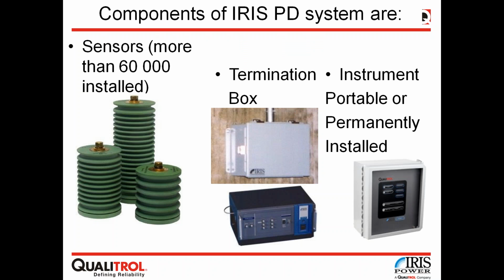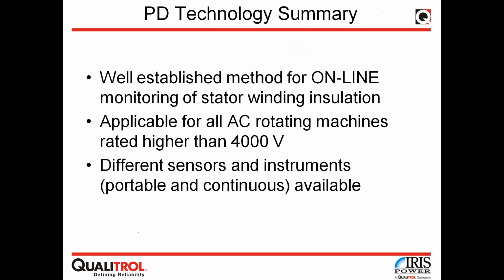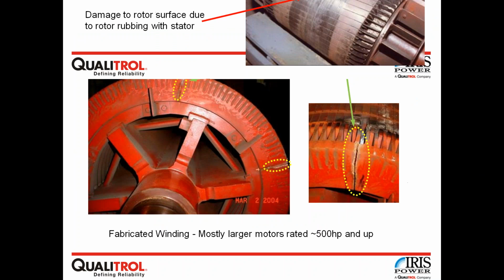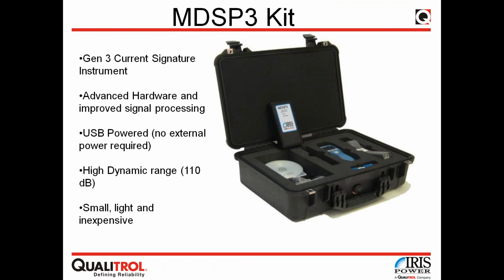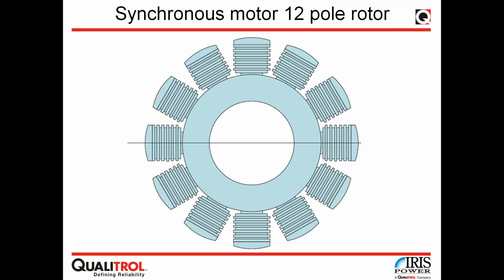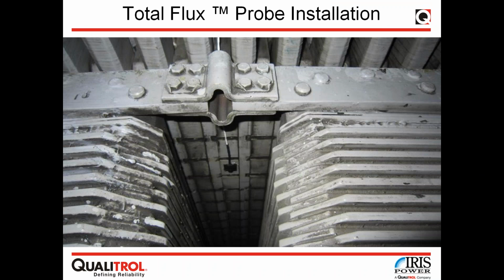Okay. Is it possible to install a flux probe online? Online, we don't like it. It's possible, but the only way to do that would be to go through the stator core from the back of the machine while in operation and put some sort of sensor through the air vents, without going too far and hitting the rotor, which is spinning.